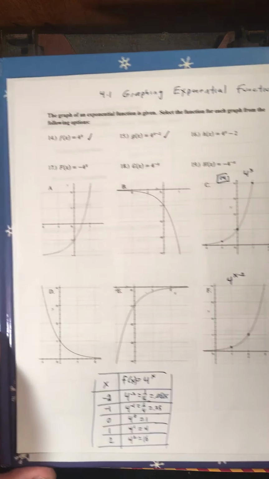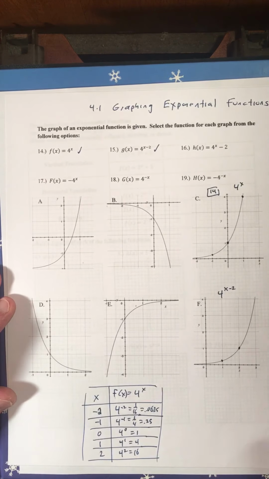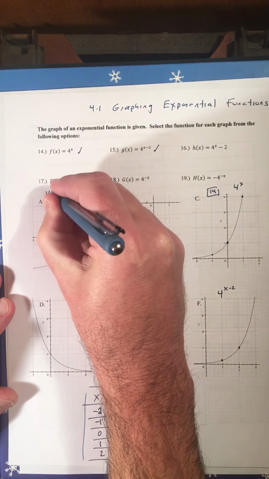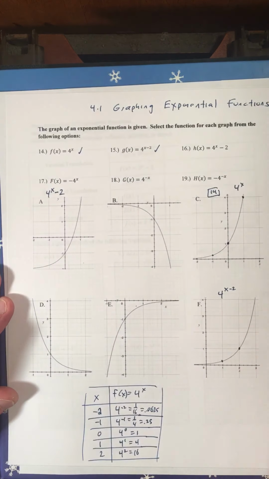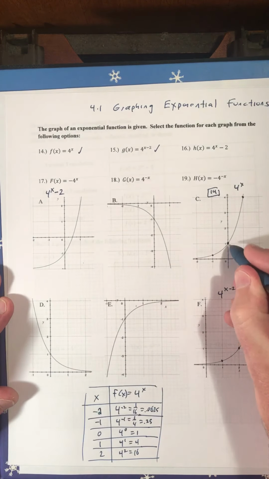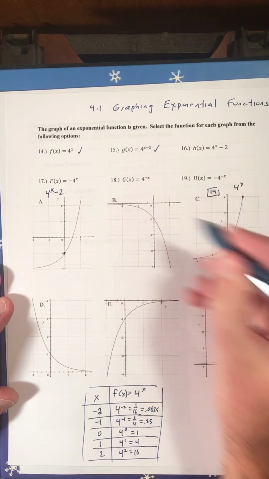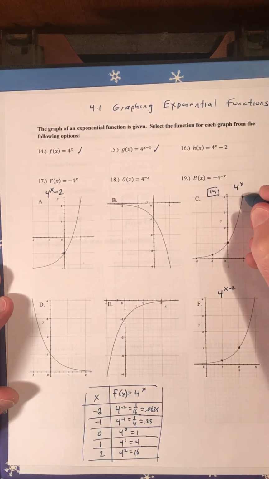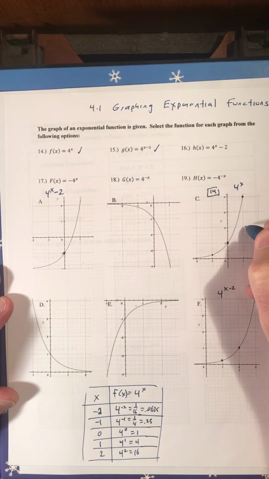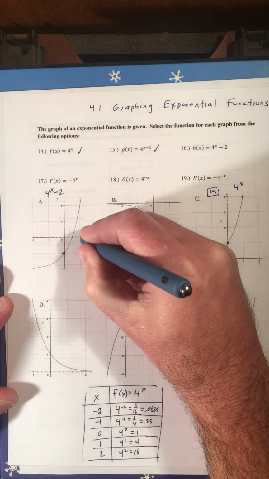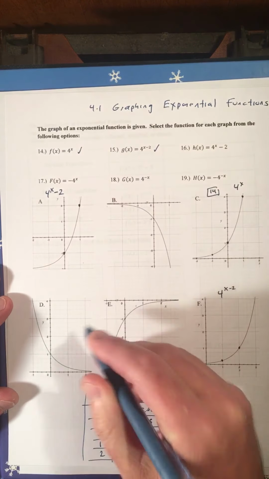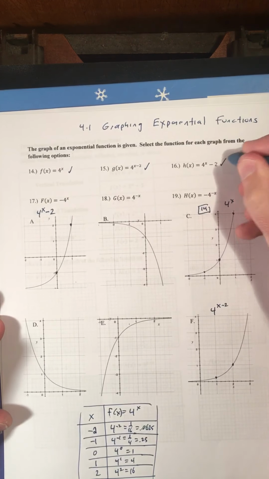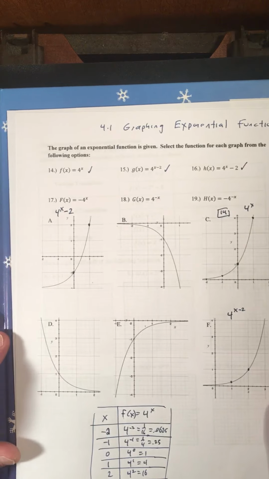So if we look, it's clearly A right here. 4 to the x minus 2. Okay, 0, 1 down is 0, negative 1. What other point do we have? We had 1, 4. Go down 2, it should be 1, 2. Okay? So there's the graph, 4 to the x minus 2.